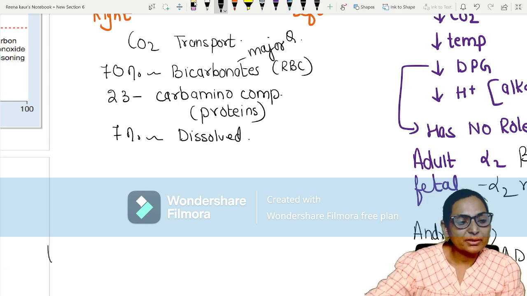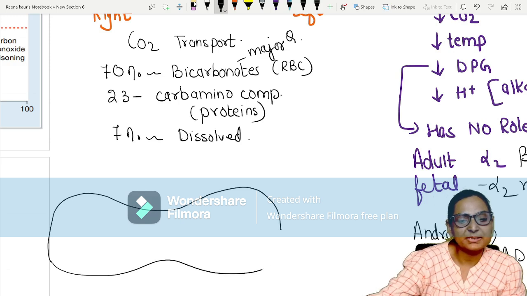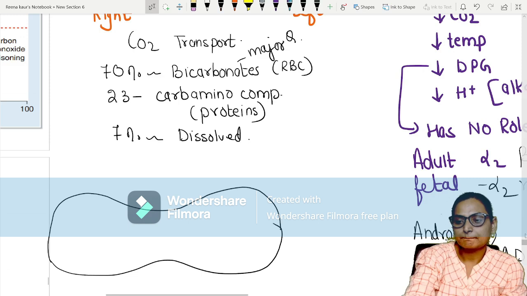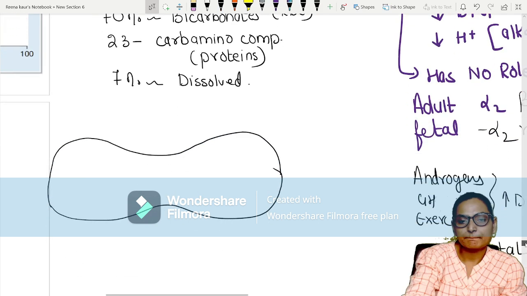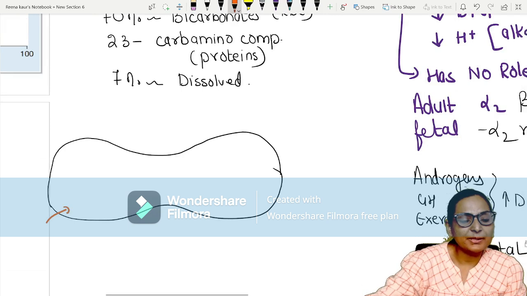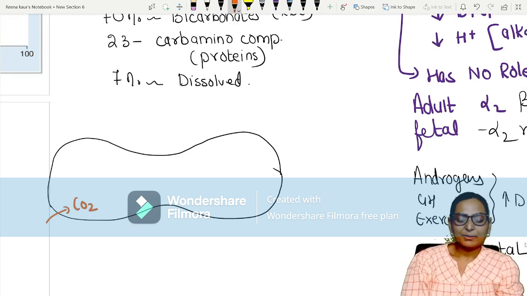Now here important is your chloride shift. So this is our RBC, dumbbell shaped RBC. And you will see that carbon dioxide can easily enter the cell, but carbon dioxide is also produced as a result of metabolism in the cell.